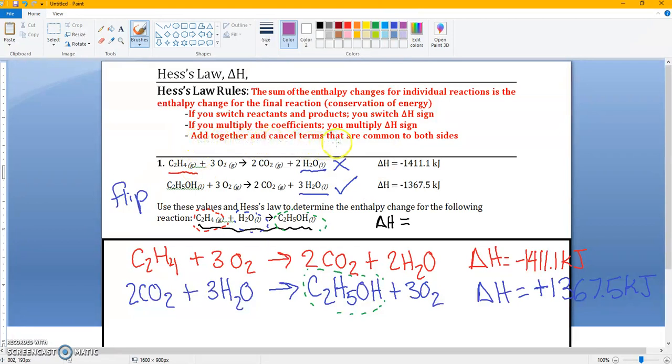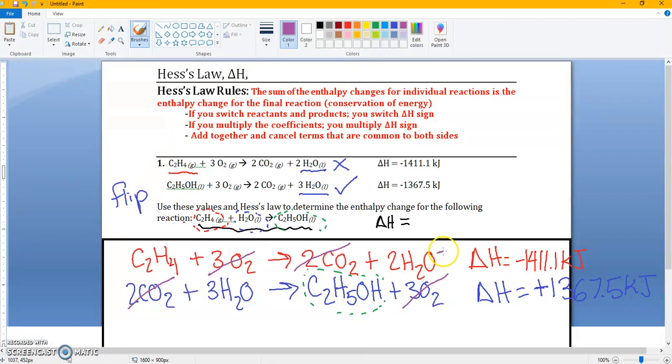Add together and cancel terms that are common on both sides. So if I look, there's 3 O2s right there, and there are 3 O2s on the other side. So since I have O2 on the reactants and the products, I can cancel those out, just like in math class. I have 2 CO2s and 2 CO2s that are on opposite sides.